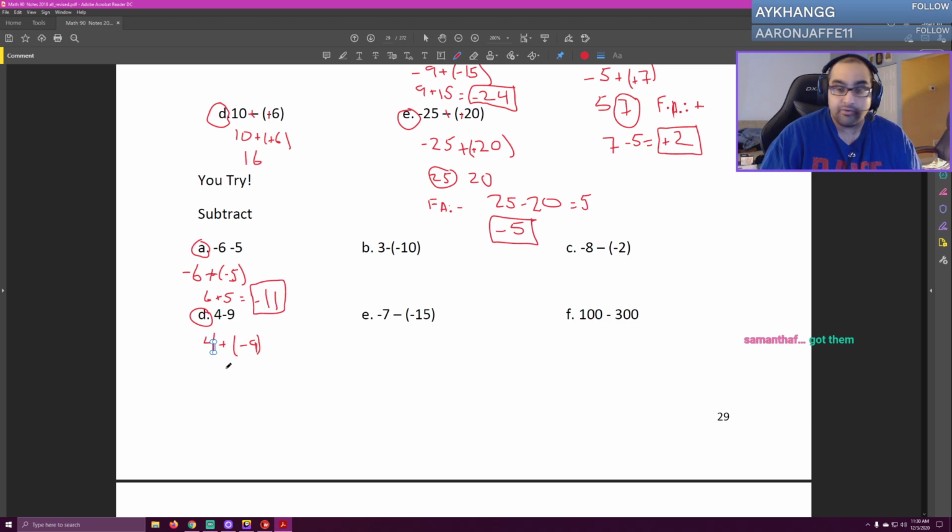So that's where you get 4 plus negative 9. That's how you rewrite that in terms of addition. And then you just compare the two. You compare 4 and 9. 9 is the bigger number. So our final answer here is going to be negative. And so we just do 9 minus 4, which is 5.